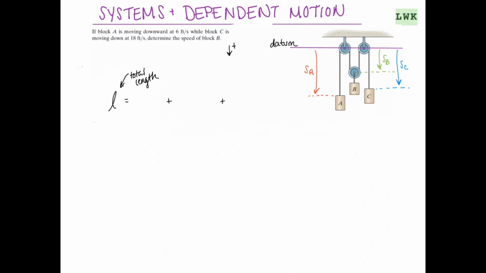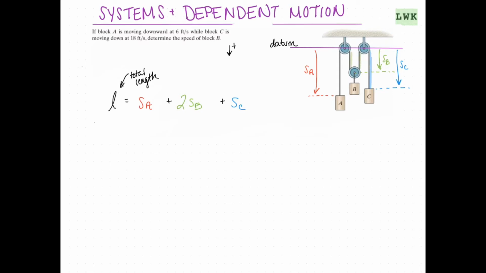So we're going to write our length equation as SA plus 2 times SB plus SC. You take that length in blue plus this length in green twice.